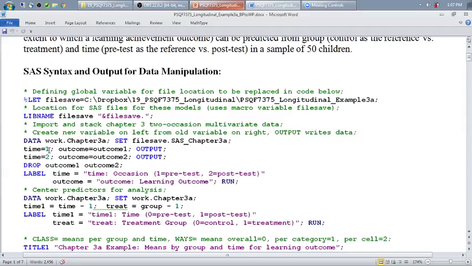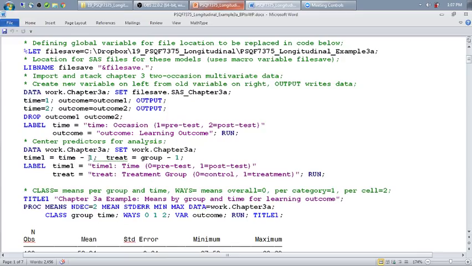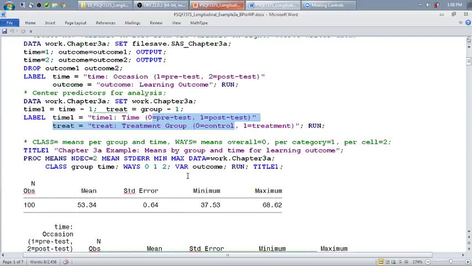So we have time, we have the outcome, and I am going to center time such that I'm calling time 1, meaning my reference is the first occasion, which is pretest. And then I'm creating a predictor called treat, which is the difference between control and treatment. So if treat is 1, that's the effect of being treated.